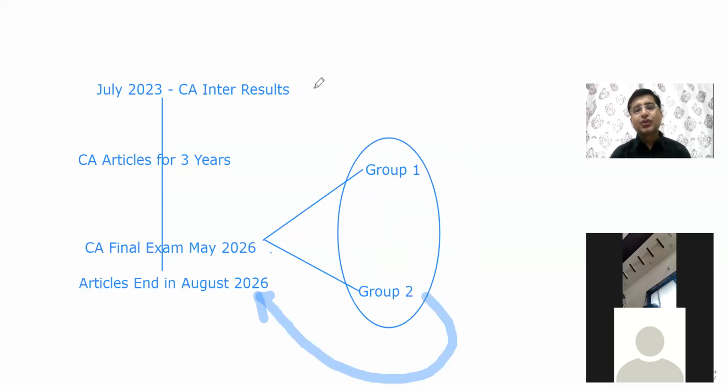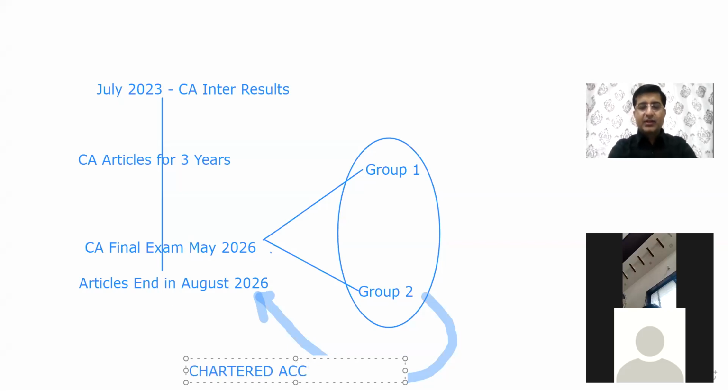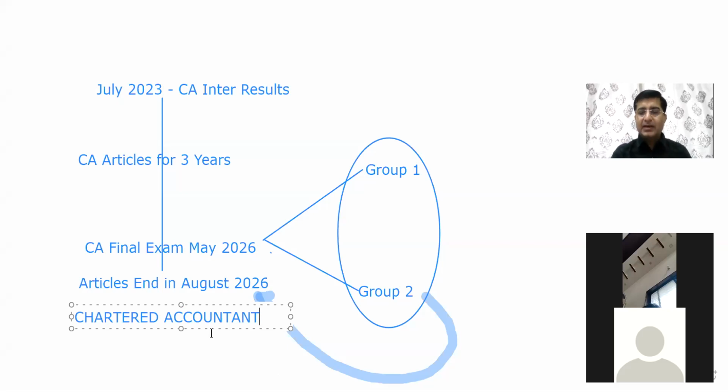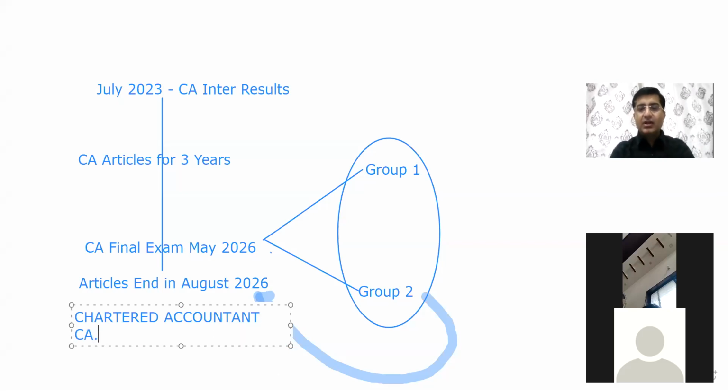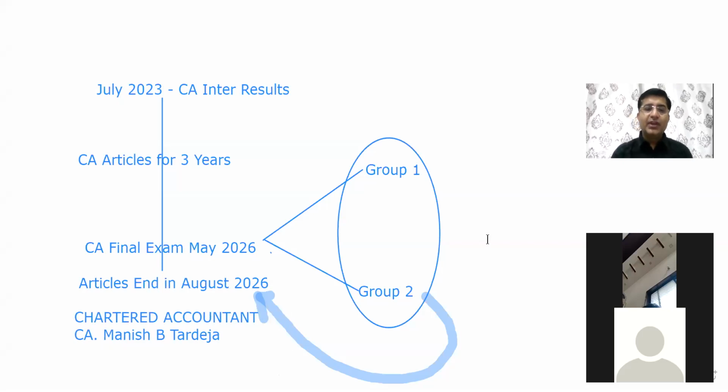And if you have cracked both the groups of CA final in May of 2026, then July or August of 2026 is the time when you will be called as what? The chartered accountant. And this chartered accountant has a different value in the market, because when you are called CA Manish P. Tardeja, people try to understand you in a different way as compared to what you are.